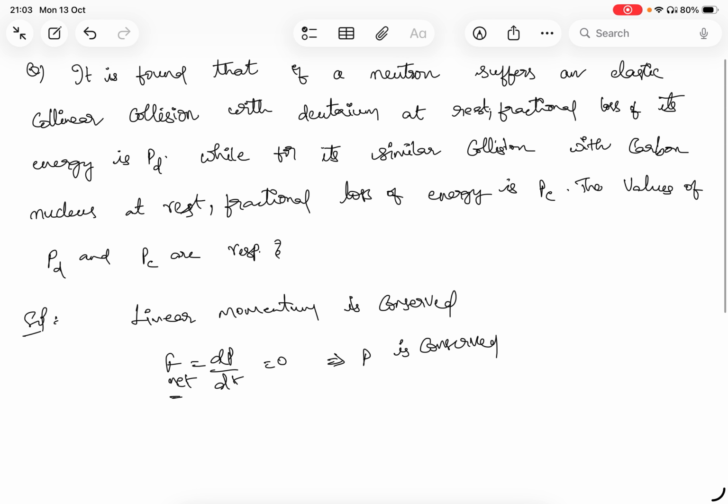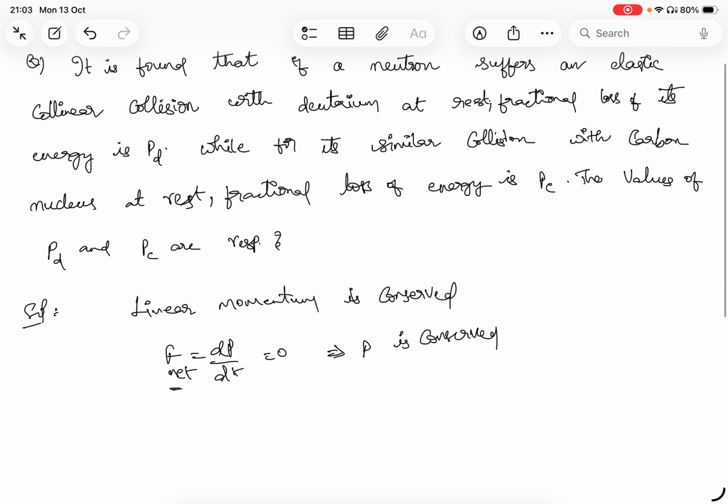So for the first case, let us assume that the neutron, on a straight line, has mass m, moving with initial velocity v0.